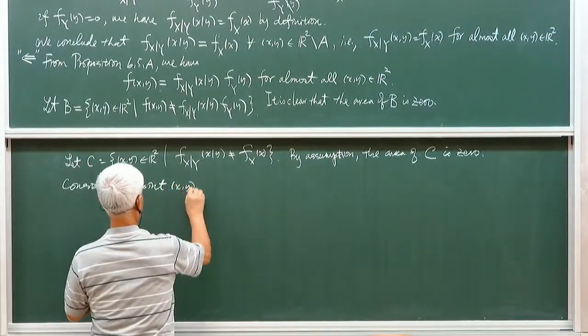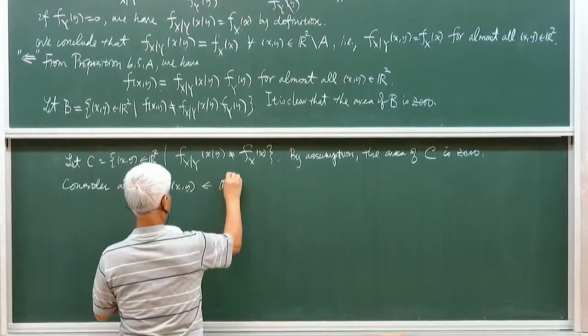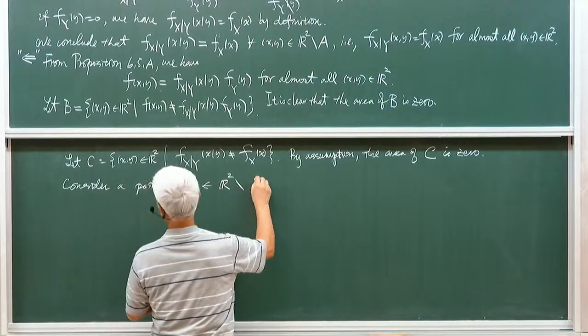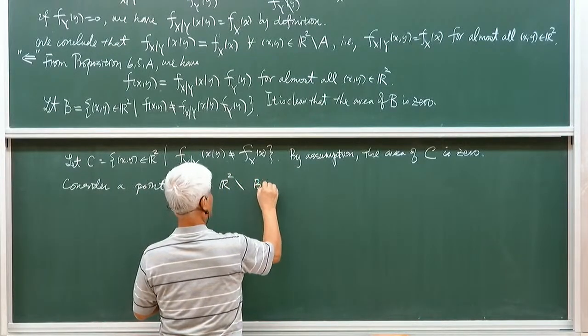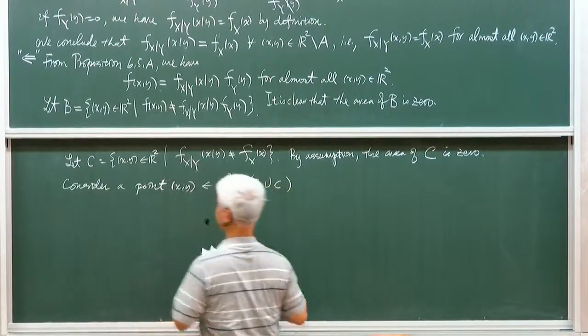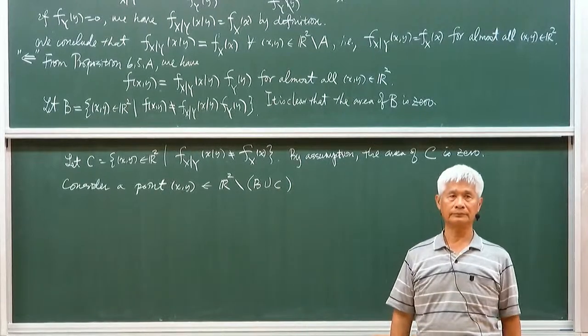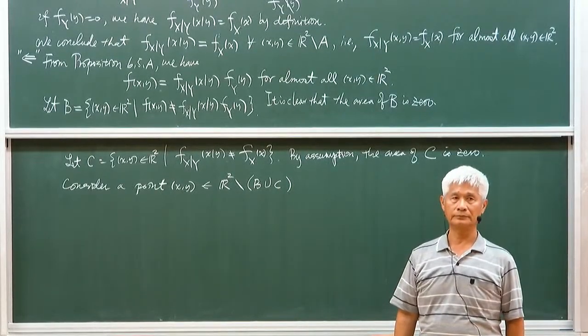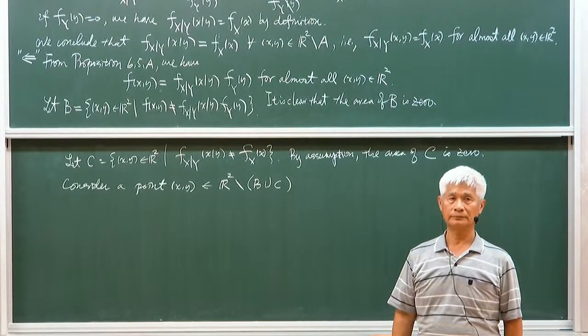(x, y) in R squared, but without B union C, okay?